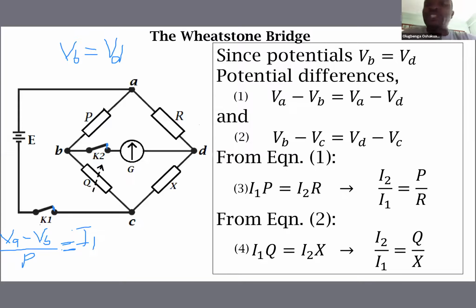This I1 is also equal to the current that will flow through variable resistor Q. And how do we determine that current? Although it's I1, from Ohm's law, the potential difference across resistor Q should be VB minus VC, divided by Q.